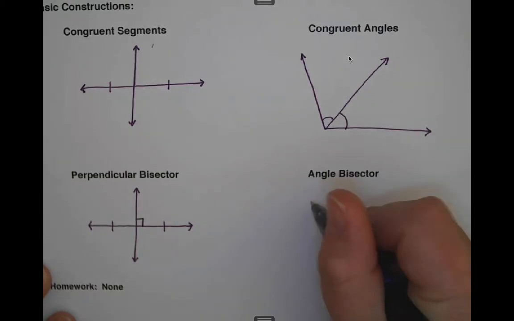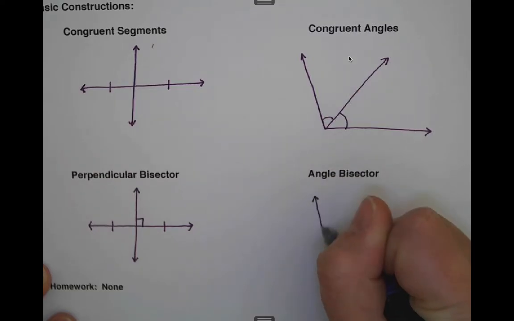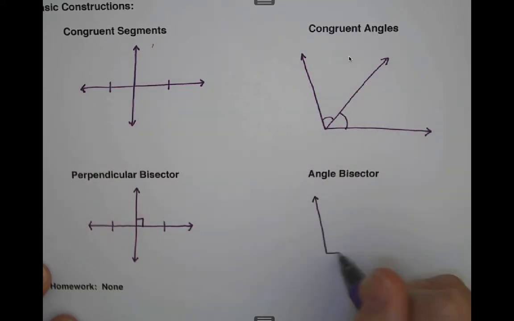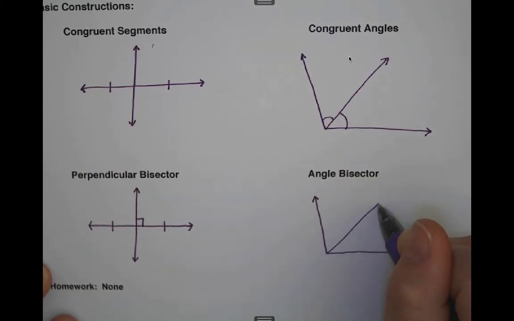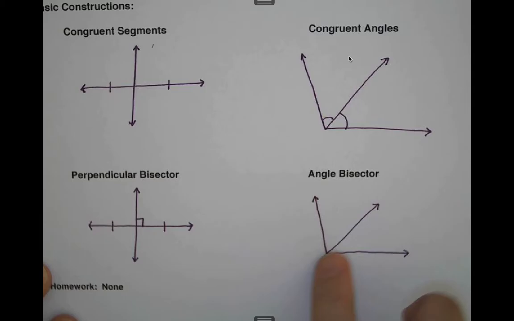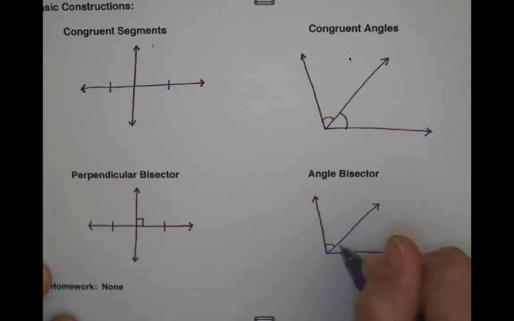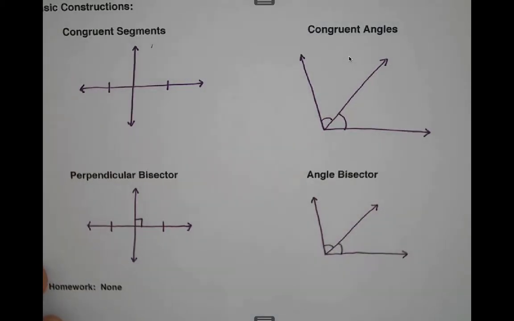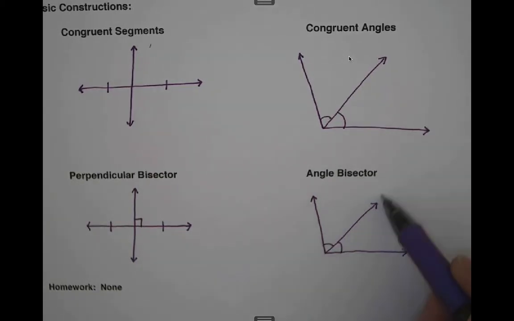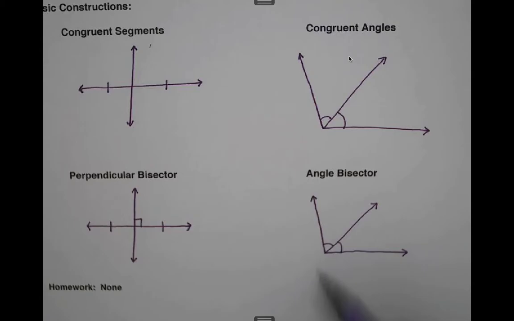And finally, angle bisector. Because I drew congruent angles the way that I did up above, this is really going to be pretty much the same thing. Angle bisector, we have to have a ray that is bisecting an angle. All right, so there we go. Angle bisector. So the ray is the bisector of this angle.